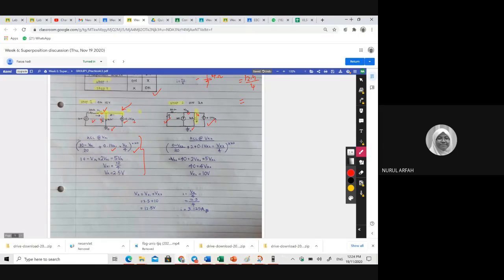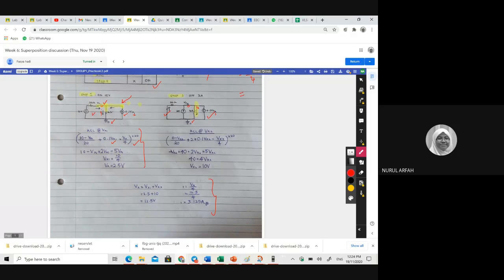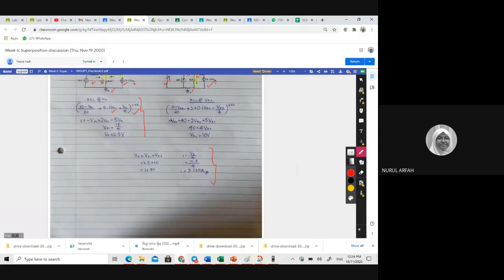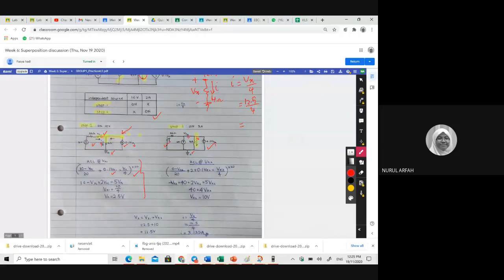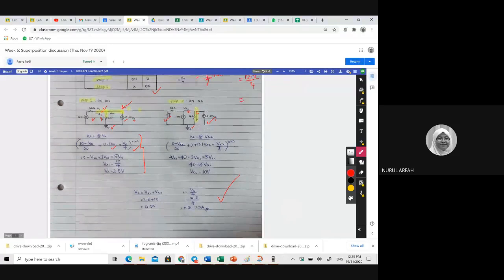For this group, I think they focus on the fastest way. Actually, I want to check your answer, how you get it using the I value there. So this is a smarter way to get the answer.